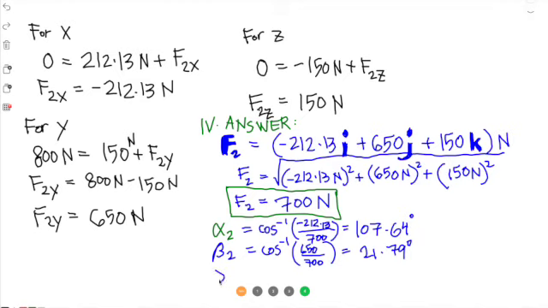And lastly, for the gamma angle, gamma 2, so again, the inverse cosine of 150 all over 700. That's 150 divided by 700, that's 77.63 degrees.